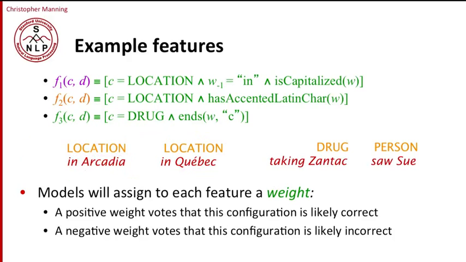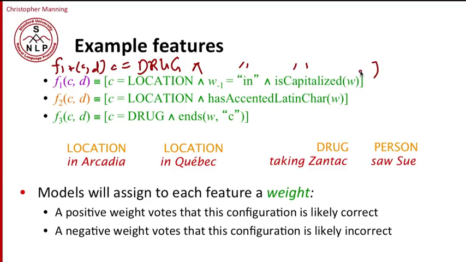Then the other choice is you can have a negative weight. So the negative weight votes that a configuration is likely incorrect. So we could have another feature, for example, which was like feature 1, but might be feature 14, which said the class equals drug, and the rest of the condition was the same.